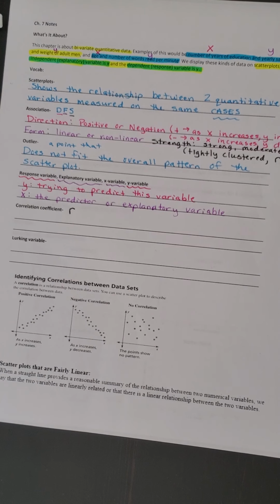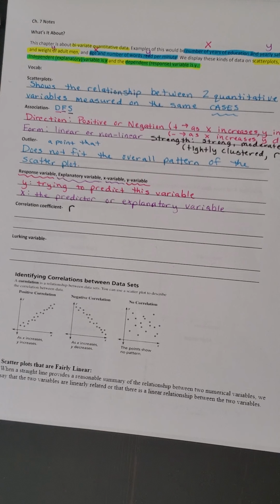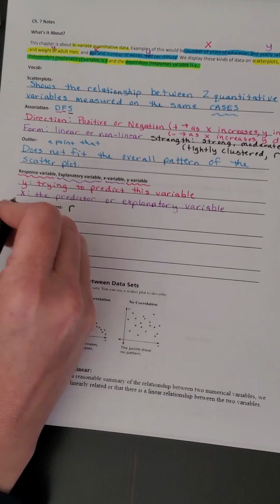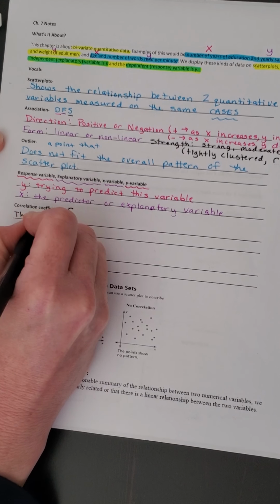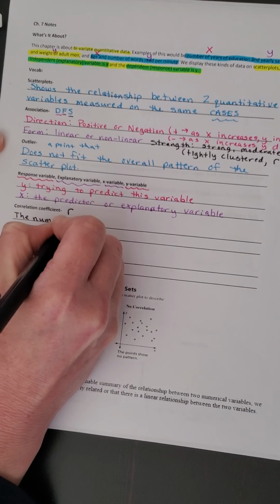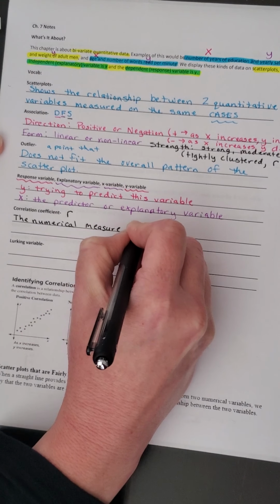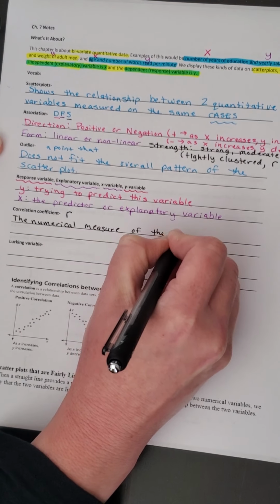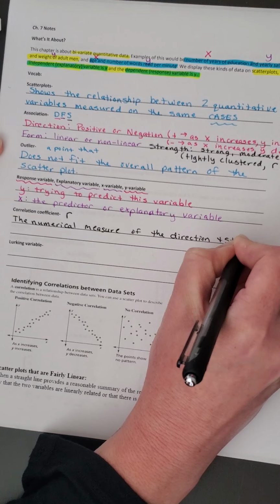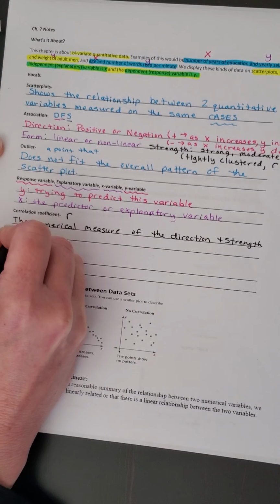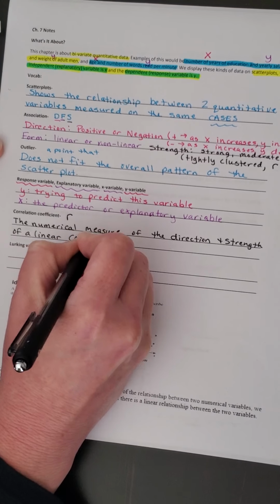So your correlation coefficient is the numerical measure of the direction and strength of a linear correlation.